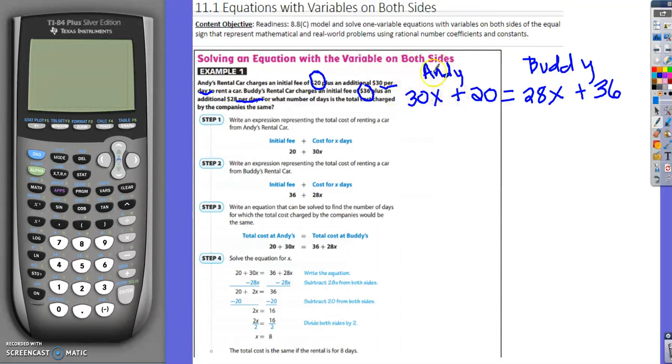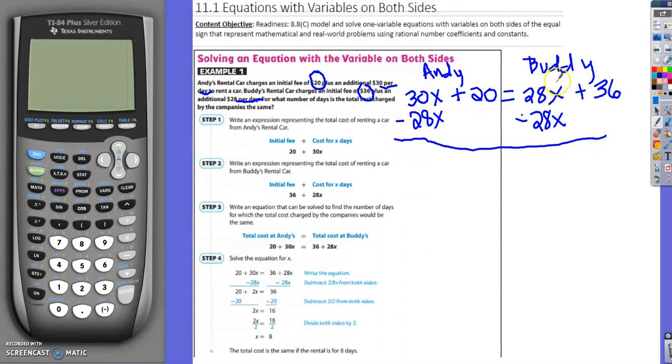This is the positive higher one. So we're going to put the variables on this side of the equation and the constants on this side. So to get the variables all to one side, we're going to get rid of 28x. We're going to do the inverse, or the opposite, to both sides. Remember, with equations, what you do to one side, you have to do to the other side.